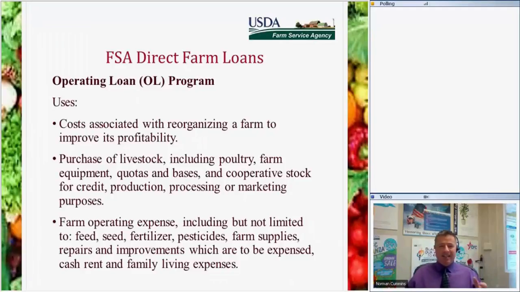Let's say you have some outstanding debt from a creditor. You can use it to refinance it, which helps the bottom line of your farm. Sometimes you have some old, outdated equipment, and buying something new is actually going to streamline your farm and make it more productive. So that's something you can use the loan for.